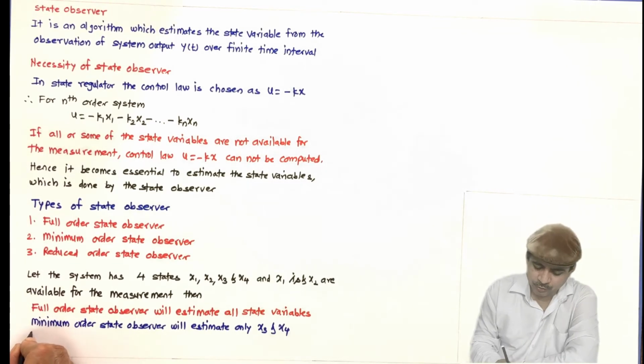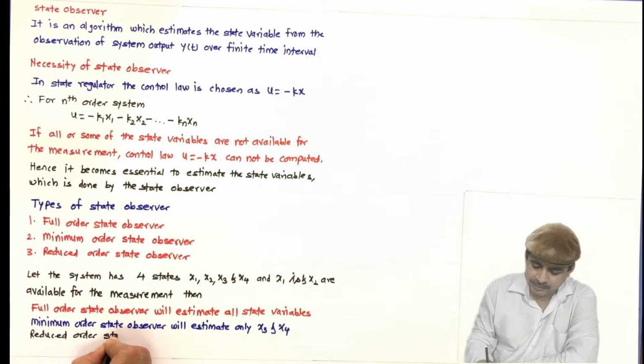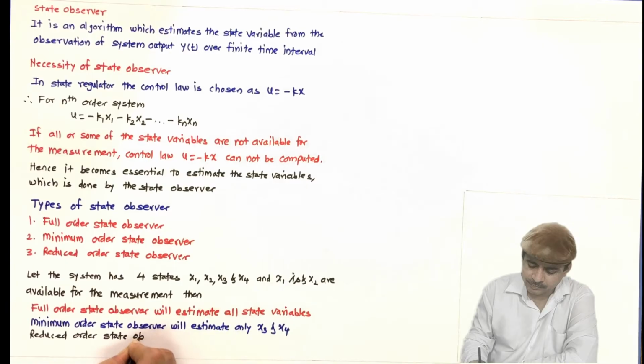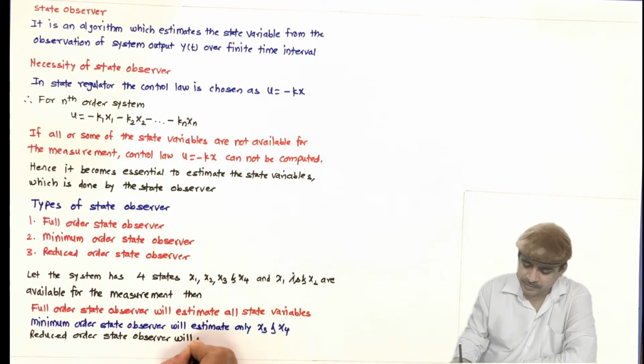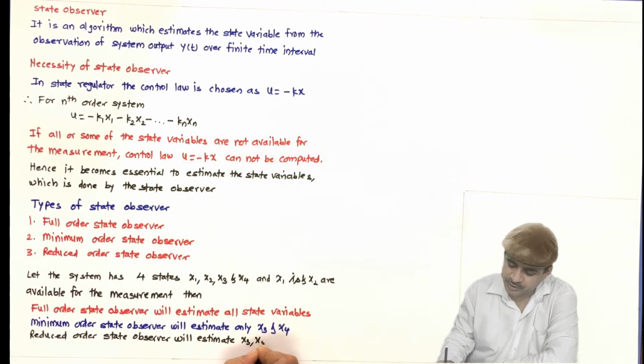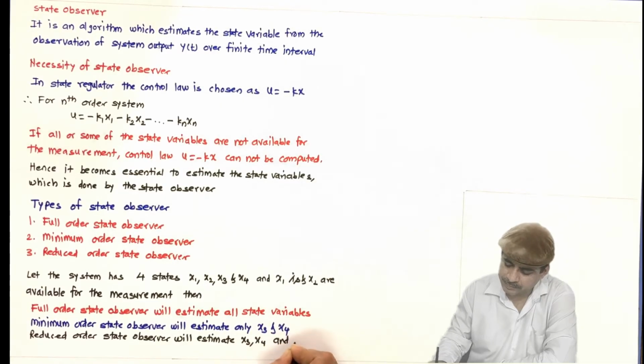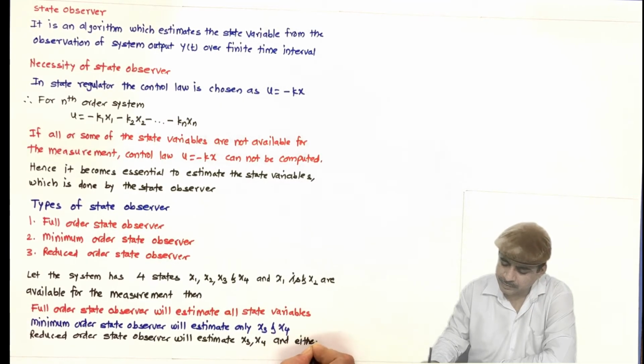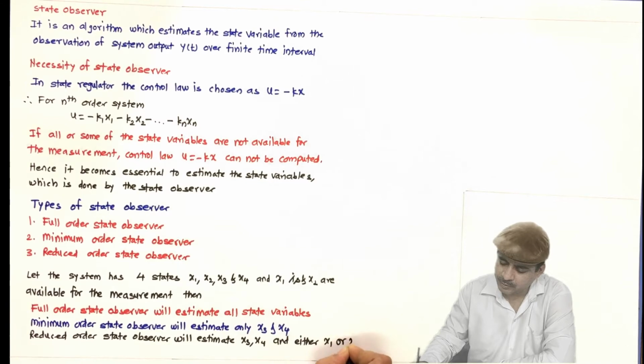And reduced order state observer will estimate x3, x4 and either x1 or x2.